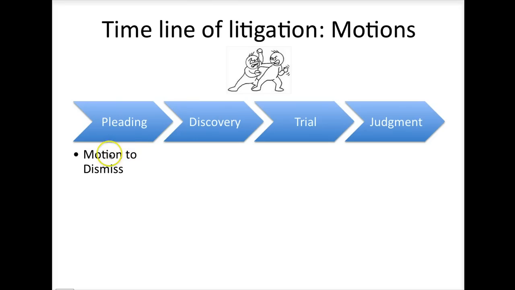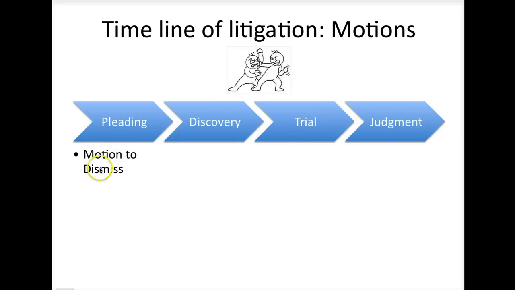First, a motion to dismiss. When plaintiff files their complaint, the defendant may either answer or may file a motion to dismiss. A motion to dismiss asks the judge to throw out the complaint and immediately enter judgment for the defendant, skipping discovery and trial.